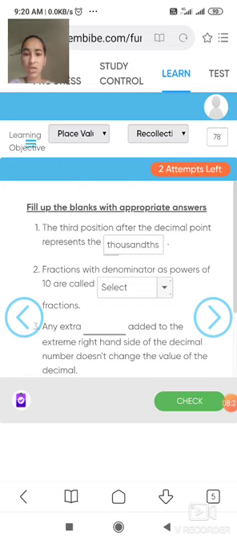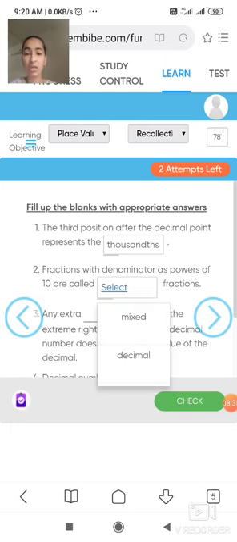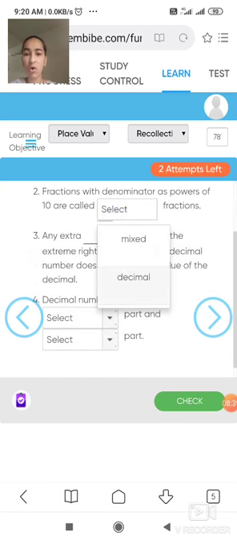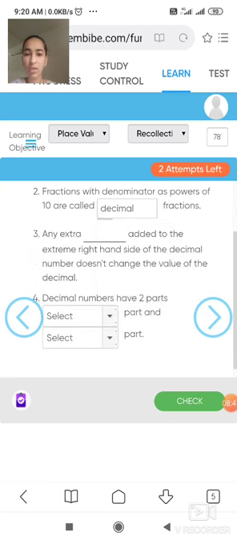Now the fractions with the denominator as a power of 10 are called decimals. Yes, it is called decimal.